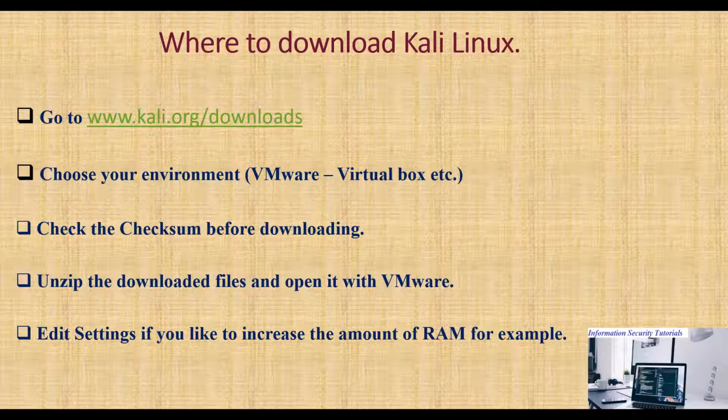So now we'll talk about where to download Kali Linux. You have to go to this link, kali.org/downloads. There you can choose your environment, the hypervisor you are using. Supposing you are using VMware, you have to choose VMware as your environment.